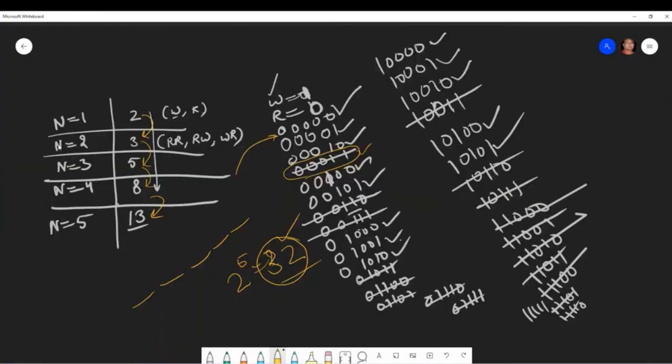Once you write that program, you give input 5 and it will generate every binary pattern of 5 digits, and out of them it will cancel out whichever patterns have ones together. So the program will count that for you. Using the program, you can count how many such patterns are there for 4 bits, 5 bits, 6 bits, 7 bits, and up to 10 you can easily run that program, and the program is helping you count rather than you writing it on pen and paper.